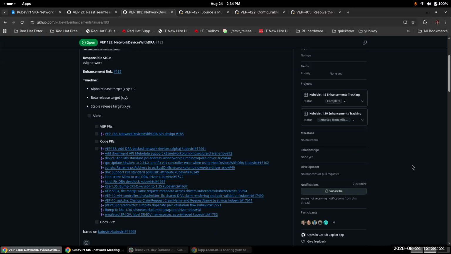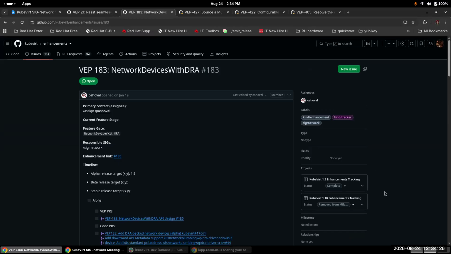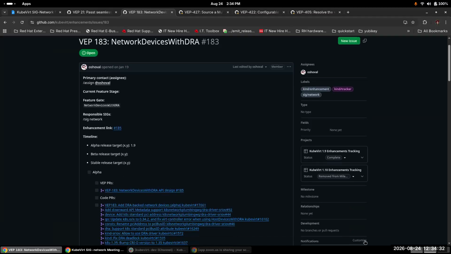Right. Done. But wait, I think that we did something wrong. This one is 183. Remove it back. No. This one is the one we are working on. This is like our most important VEP for 1.0. Move it back to the same.